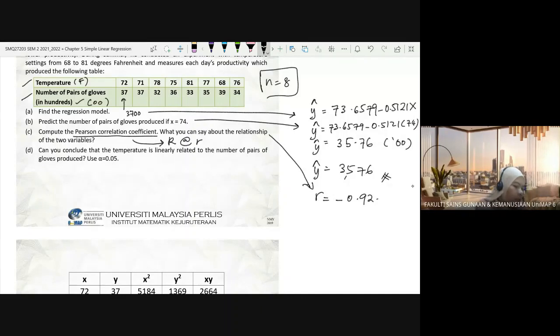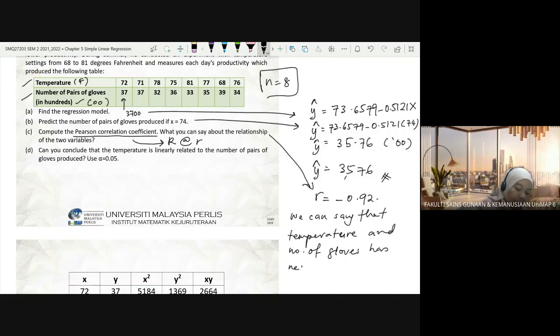So what you can say about the relationship of the two variables, we can say that temperature and number of gloves has a strong negative linear relationship.